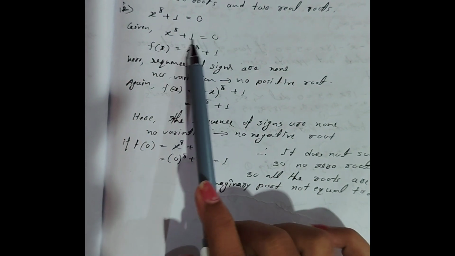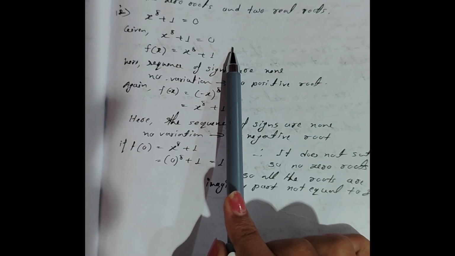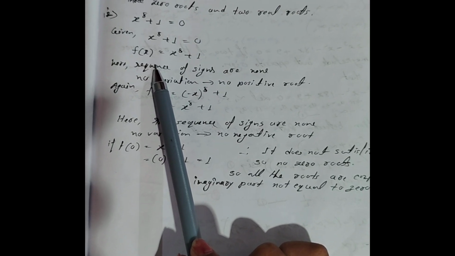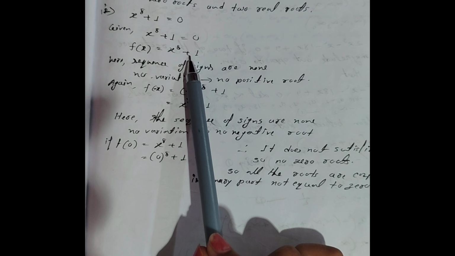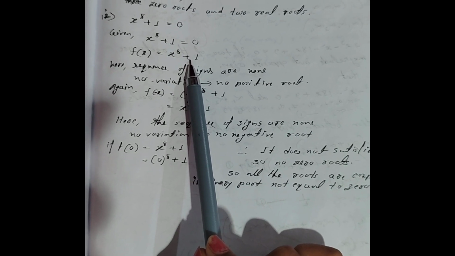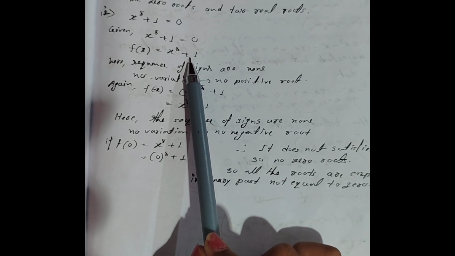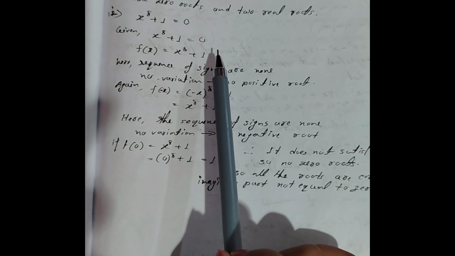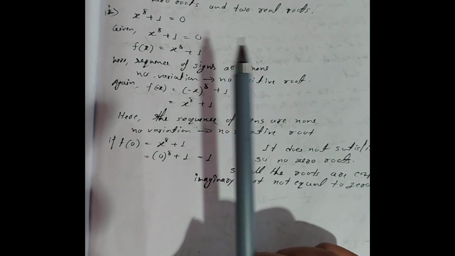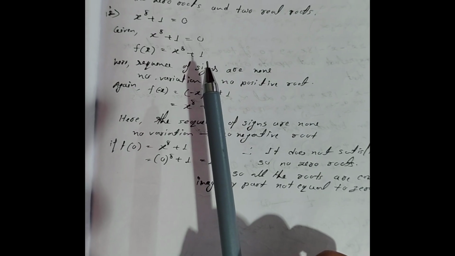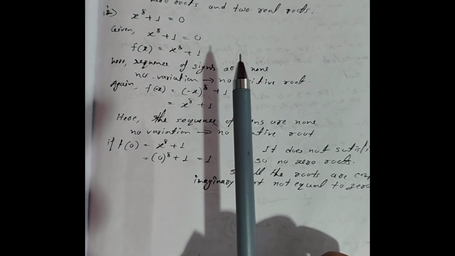So given this equal to 0, for the positive roots the polynomial is this, and the signs of the coefficients are both positive, and there are no changes in sign in the coefficients of f(x), and therefore there are no positive real roots for the equation x to the power 8 plus 1 is equal to 0.